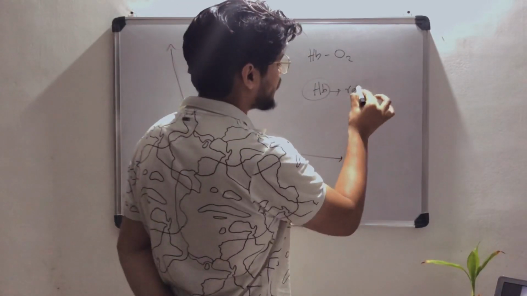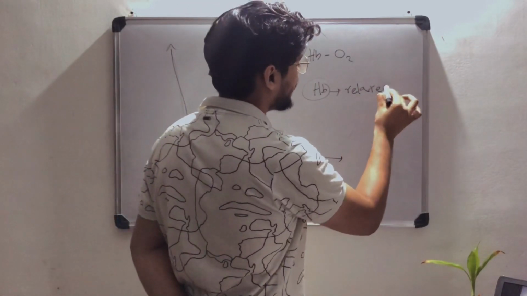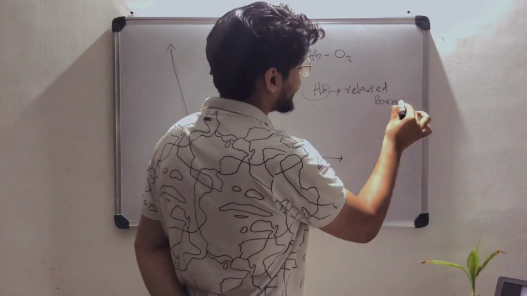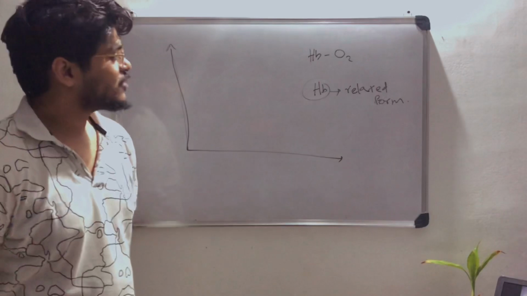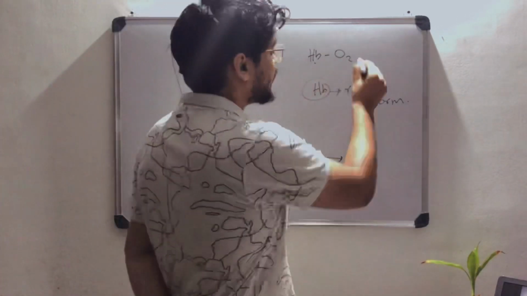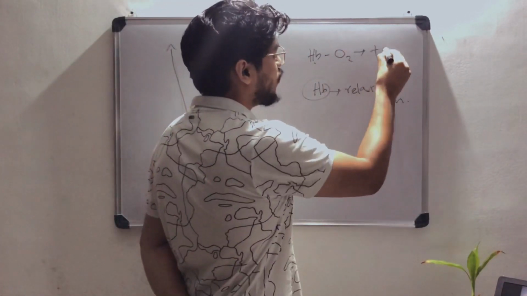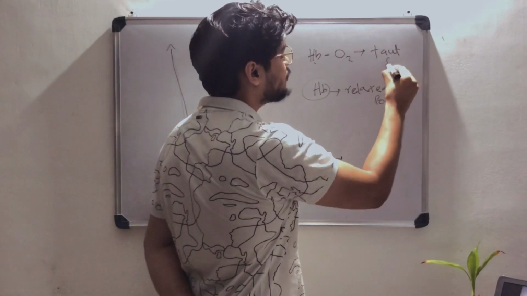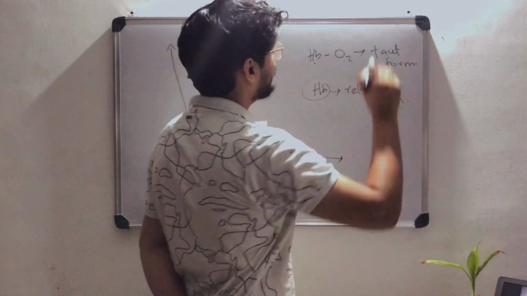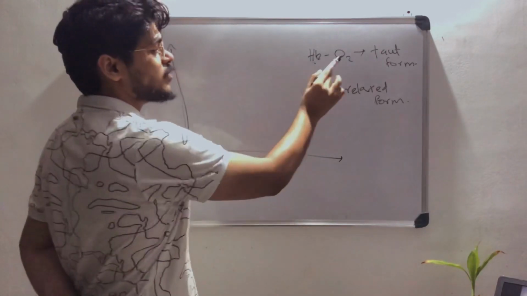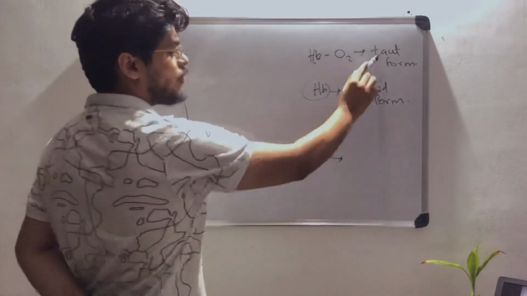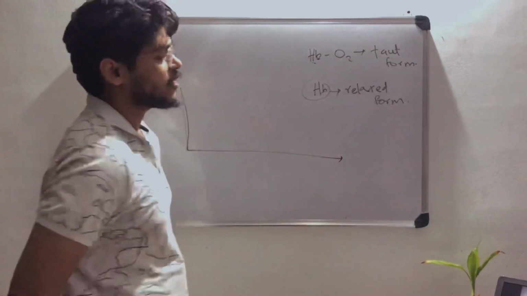So this form is known as the relaxed form. Hemoglobin being single is in relaxed form, and hemoglobin associated with oxygen is in taut form. I hope you understand, right? Hemoglobin associated with oxygen is in taut form, and hemoglobin single is called relaxed form.